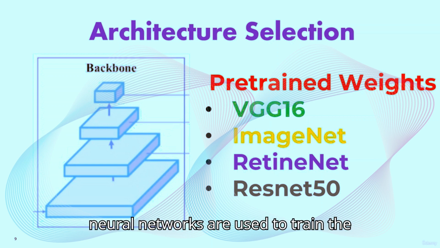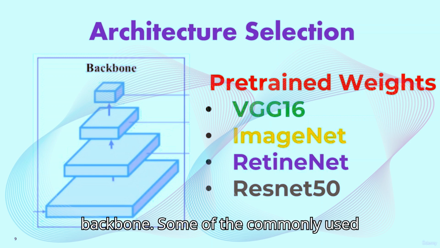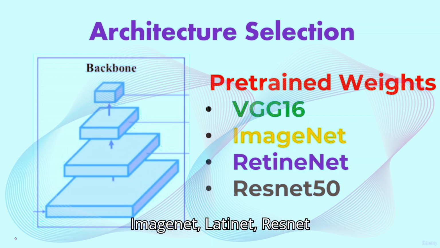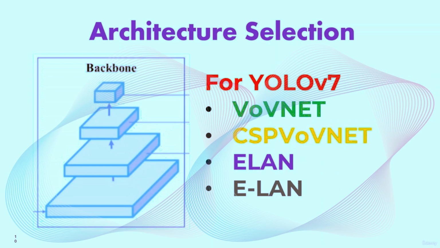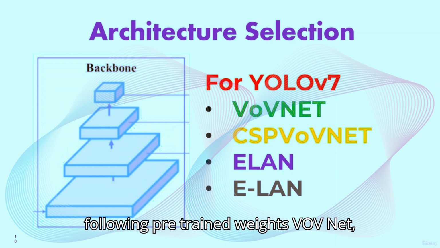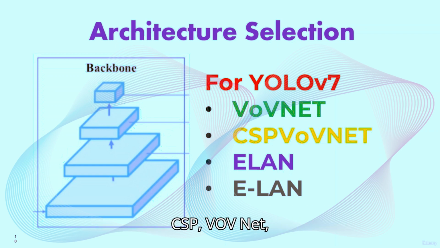Often pre-trained neural networks are used to train the backbone. Some of the commonly used pre-trained networks are VGG16, ImageNet, RetinaNet, ResNet 50. For YOLO v7, the paper uses the following pre-trained weights: VoVNet, CSP VoVNet, ELAN, and E-ELAN.